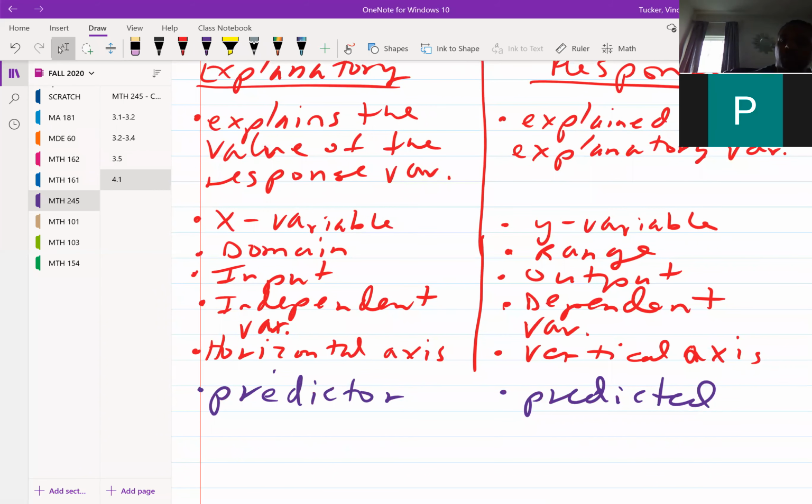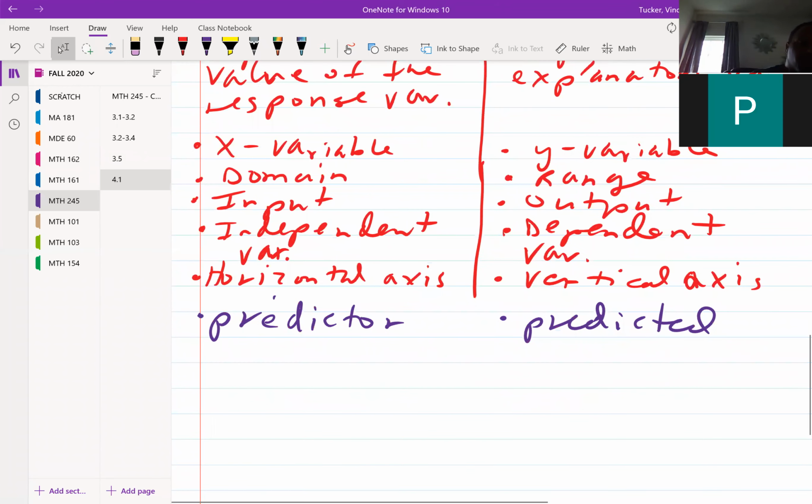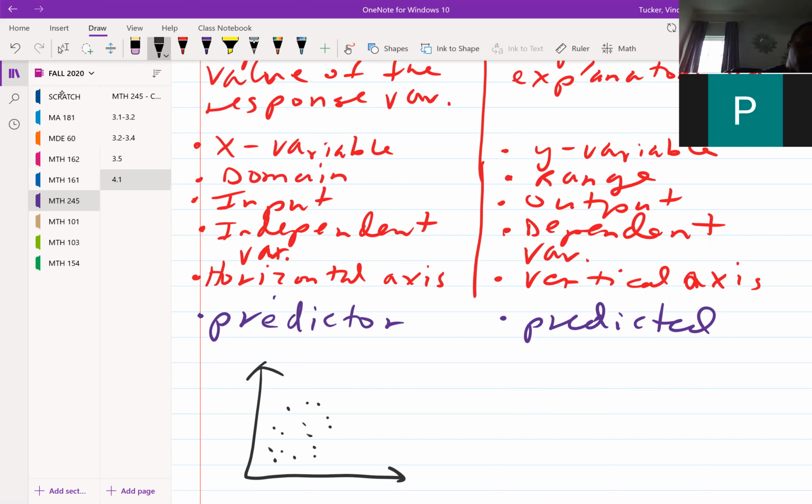All right. So just a general idea of what a scatter plot could look like. So just some points on the positive, or the first quadrant of your XY axis.